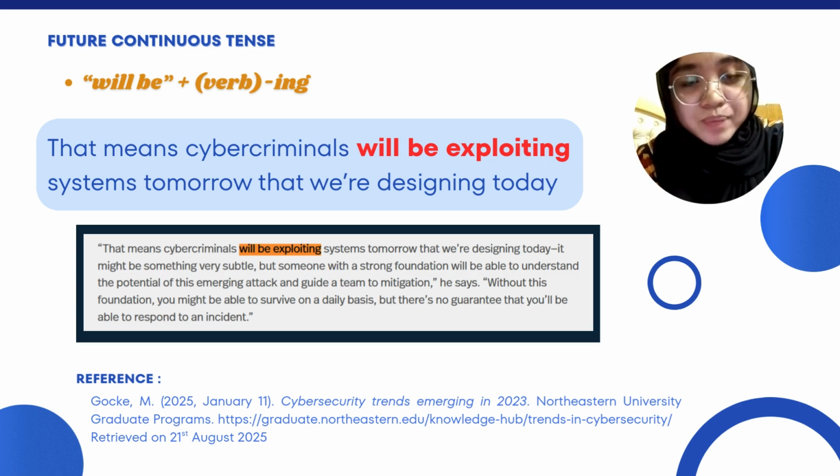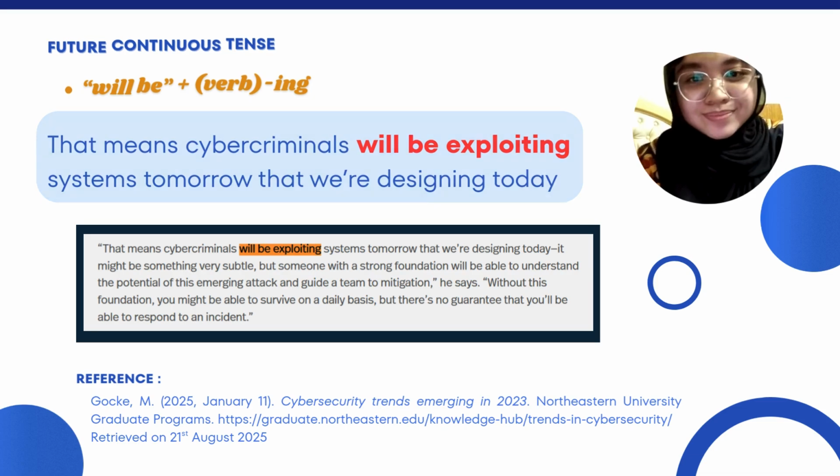The phrase will be exploiting shows that the action of exploitation is not a one time thing, but it is an action that will be in progress in the future. We can also take a look at the word tomorrow in this sentence. It shows that the action of exploitation will be ongoing at a specific time in the future.